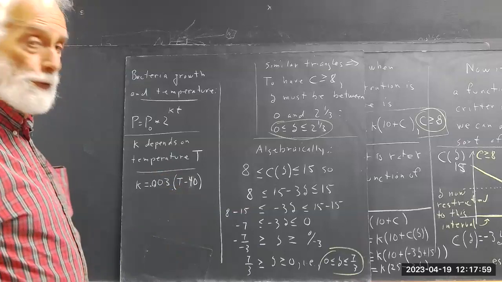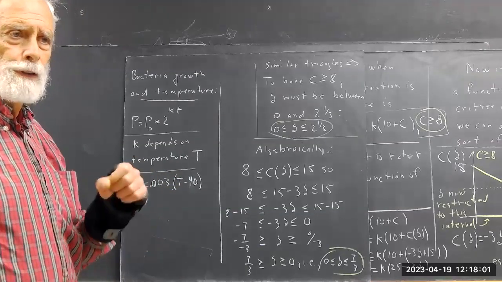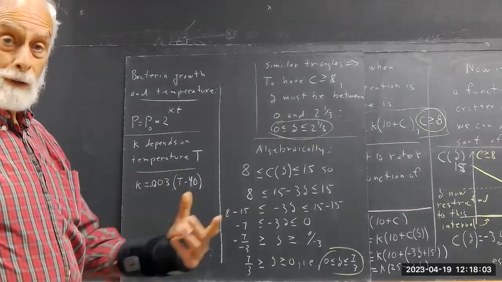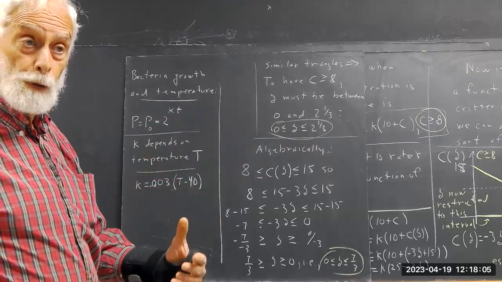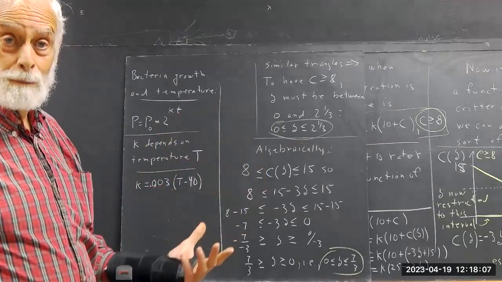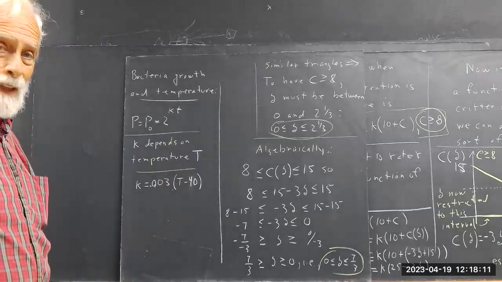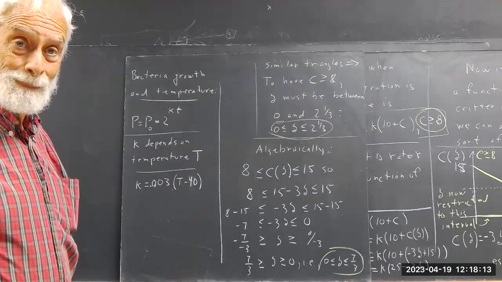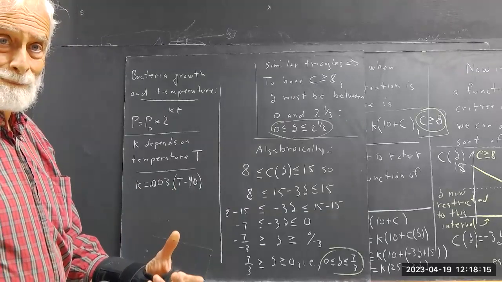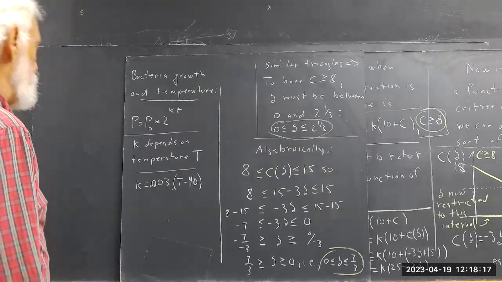Now, why T minus 40? It's because bacteria start growing at about temperature 40. Temperature 40 or lower, bacteria pretty much don't grow, and they don't grow very fast at 40. That's not really a linear model. This is kind of a poor model, but it'll do for right now.